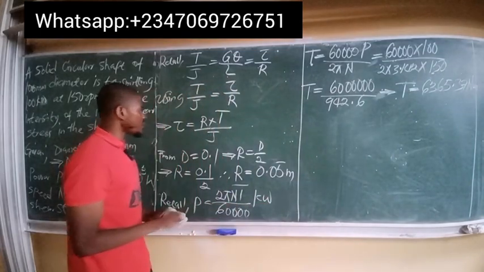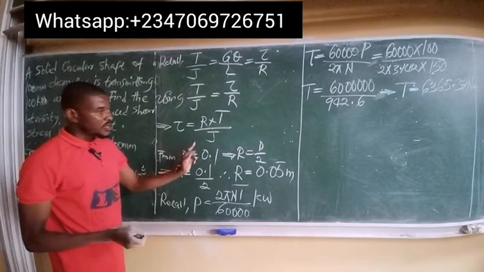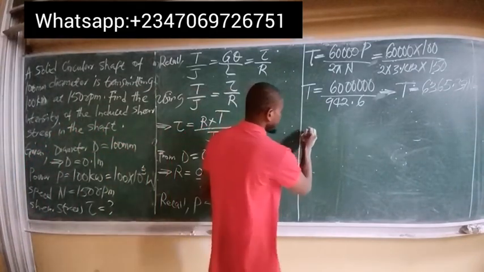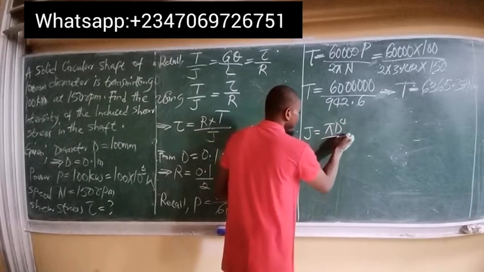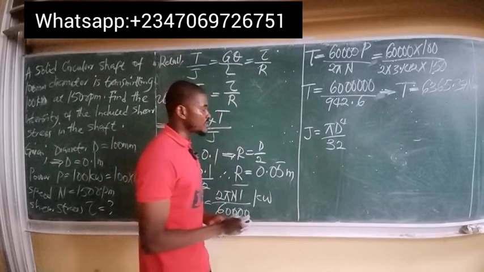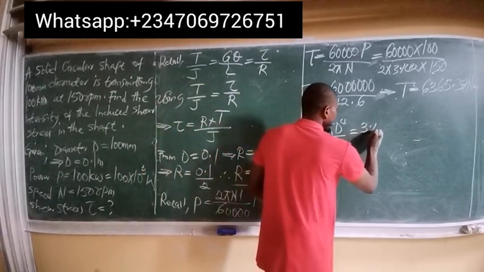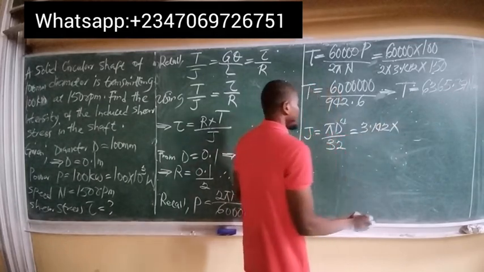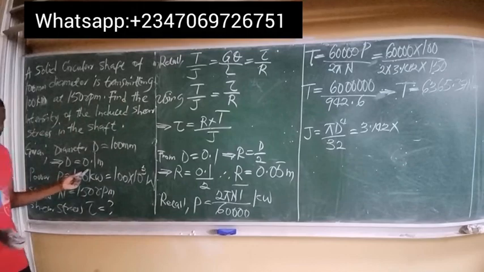Having found the torque, the only thing left is to find the second polar moment of inertia, J. J itself is actually pi times diameter to the power of 4 all over 32. That gives us the value for the second polar moment. So this is now equal to pi, which is 3.142, multiplied by diameter. Diameter was given to us simply as 0.1.